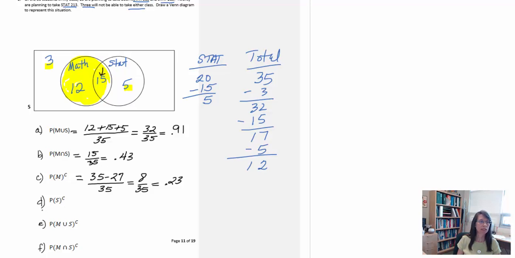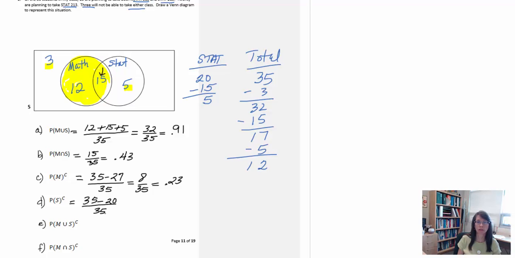In example D, we're looking for the probability that students are not taking statistics, that is the complement of S. So again, we could find how many students are taking statistics, 15 plus 5, and that makes 20. So out of 35 students, we have to take away the 20 that are taking statistics and divide by the total number of students.